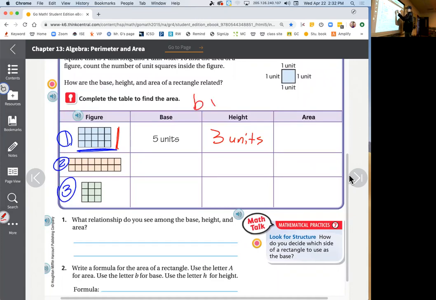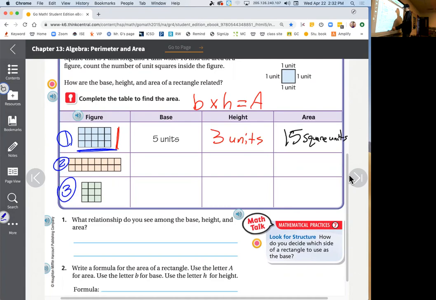It's base times height equals area. So just 5 times 3 is 15 square units.